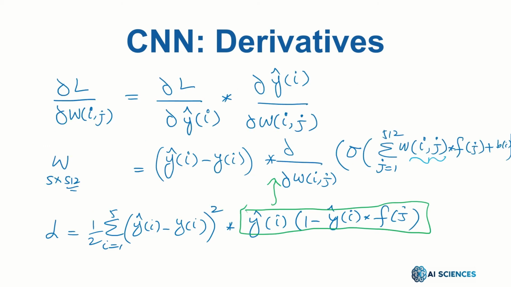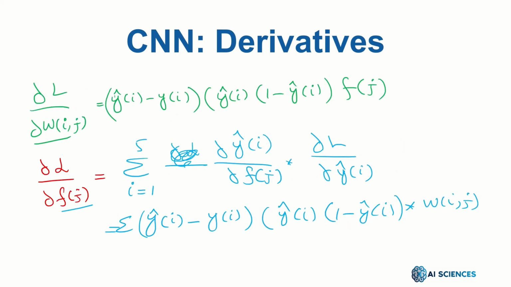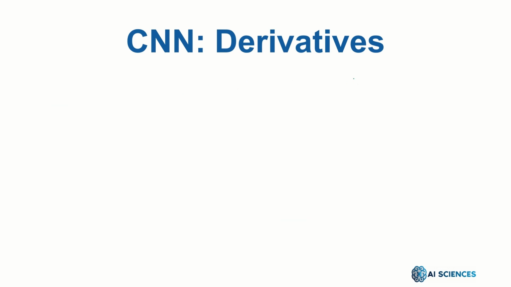Just see the previous derivation. There we were differentiating with respect to w, now we are differentiating with respect to fj, and that's what it brings. And that's the derivative with respect to fj. So now all the derivatives with respect to fj are available. Now the next part is most interesting. This f was actually the flattening out of our s.